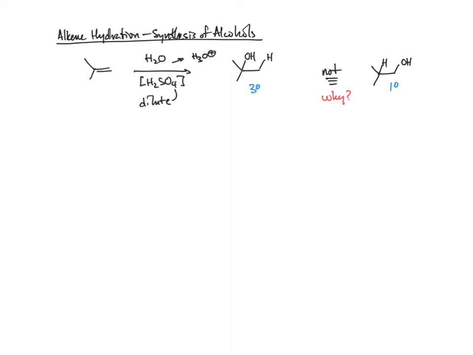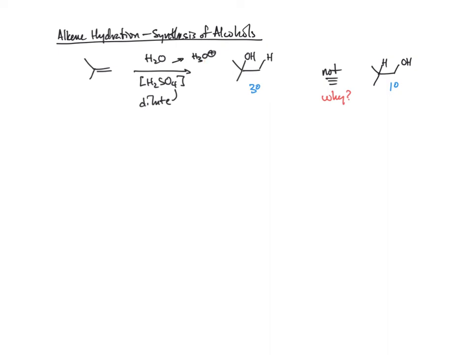What is the first step in the mechanism of converting this alkene to either of these alcohols? Now that's the choice you have to make. Why is this preferred and not this? What's the first step we need to do? So I'm saying this is a nucleophile, this is an electrophile.